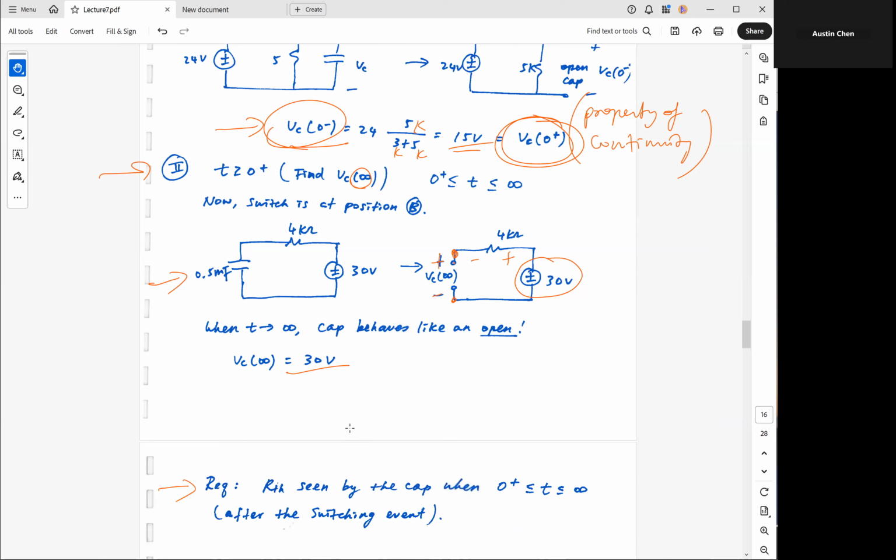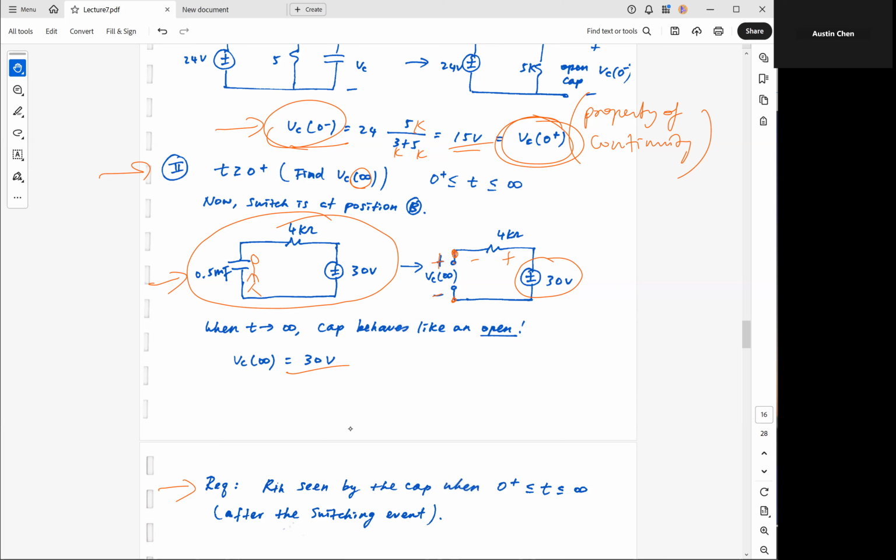To find Req, obviously we need to look at the right circuit. So which one should we look at? Well, Req has to be found based on the circuit after the switching event, so it's going to be based on this circuit over here. You can imagine you're this capacitor standing right there, and you have to find the equivalent resistance. But before then, what do we do about this voltage source?